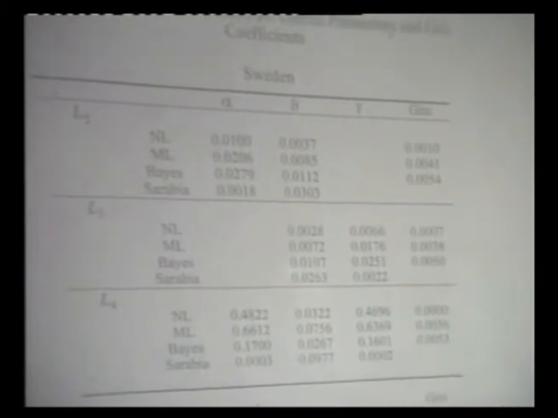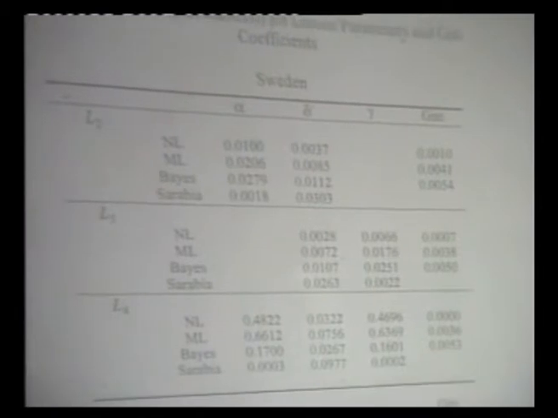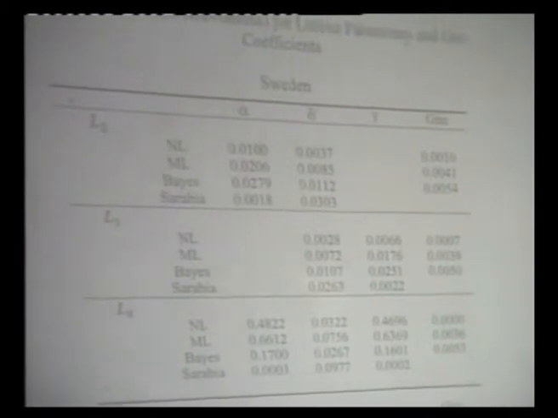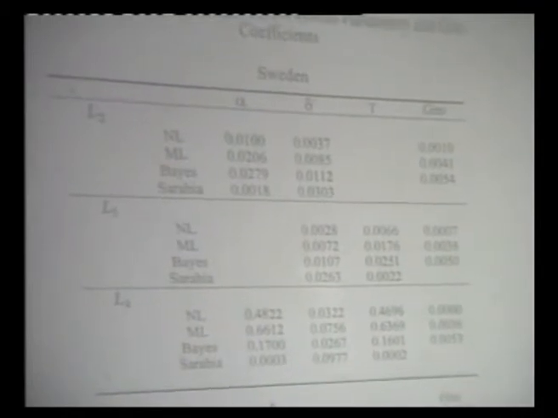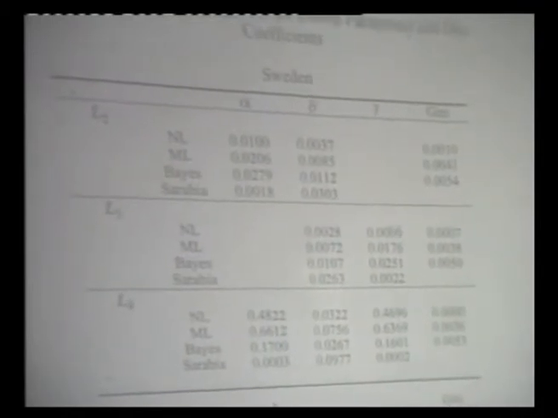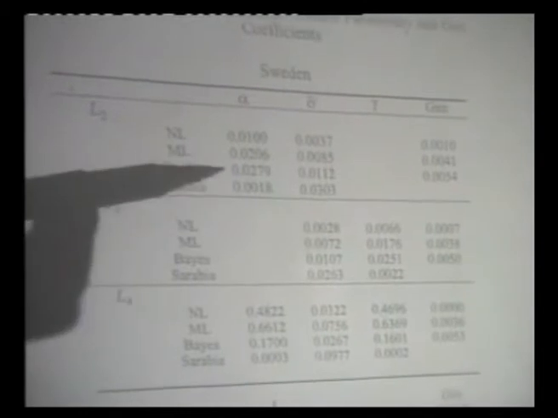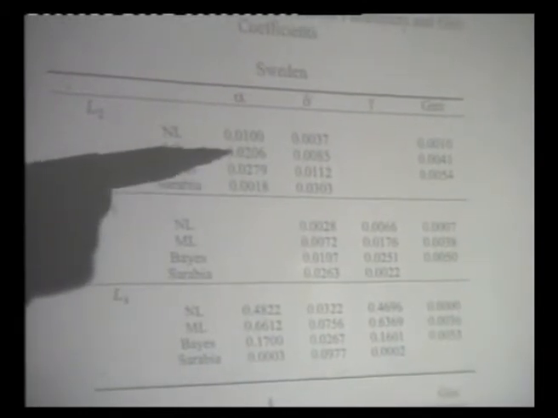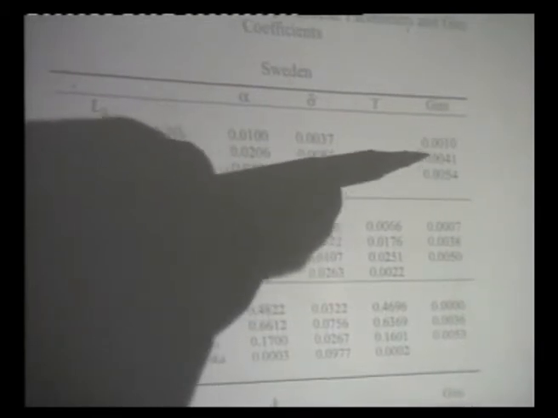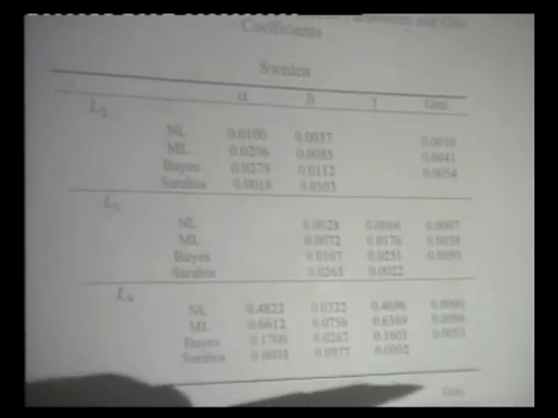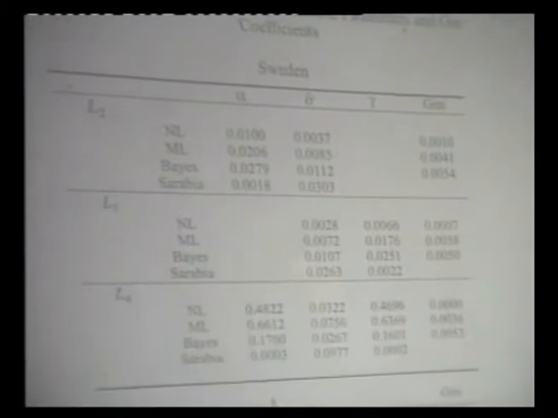There's a number of things we can draw from this, I think. The first one is that the Bayesian posterior standard deviations are much larger than maximum likelihood standard errors. So if we compare that and that, for example, let's just do it for Gini coefficients. That's bigger than that, it's bigger than that, bigger than that, bigger than that.